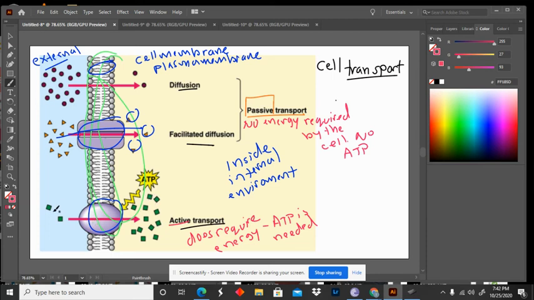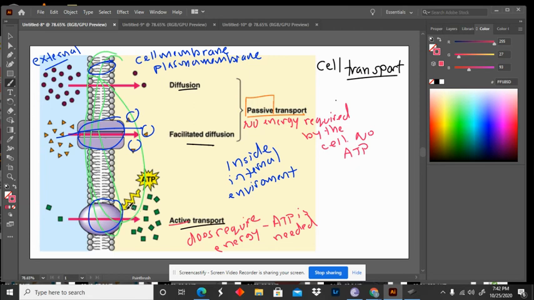The cell is pumping things from outside of itself into itself, going against diffusion, which involves a form of energy. In order to go against the concentration rule of diffusion, the cell actually has to transport it. And pumps, like water pumps, require a form of energy. And the cell also requires a form of energy to move things into itself.